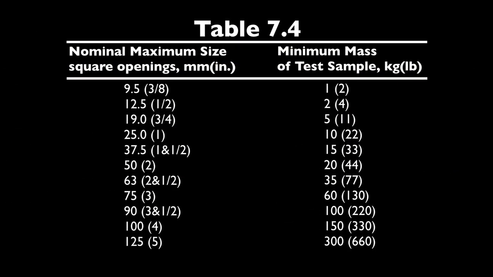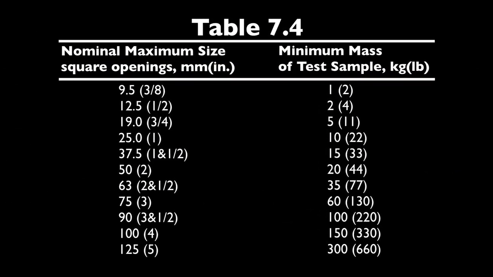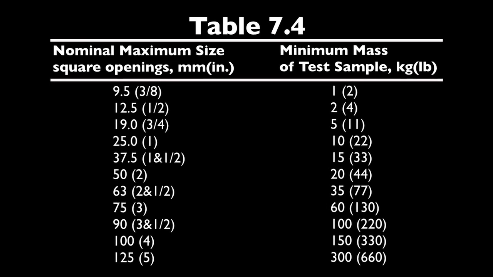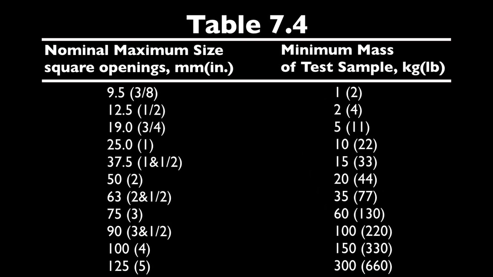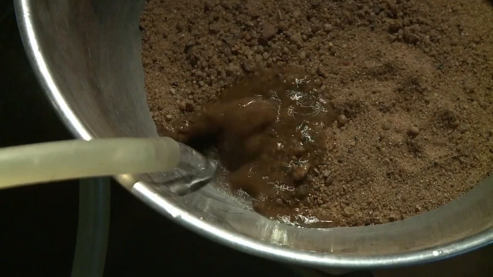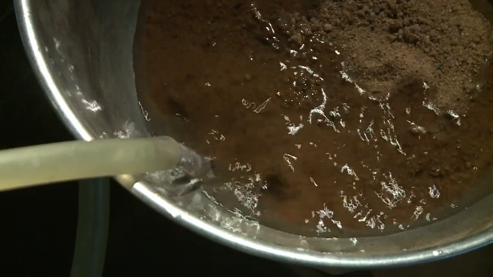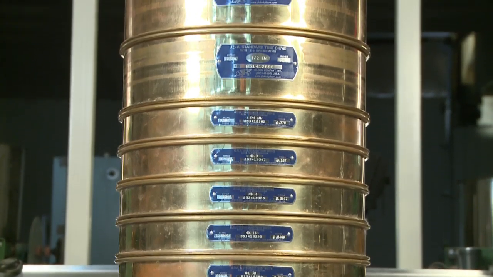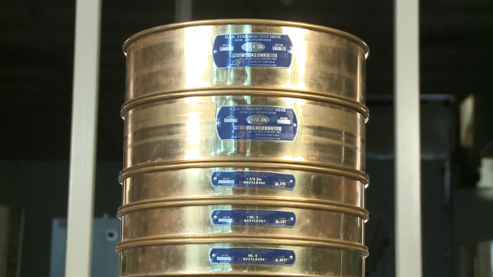The size of the test sample for both coarse aggregate and mixed coarse and fine aggregate shall conform to the table in section 7.4. If the amount of material finer than the number 200 sieve is to be determined by AASHTO T11 and T27, use one of the following procedures.